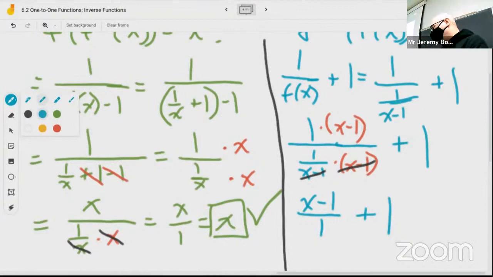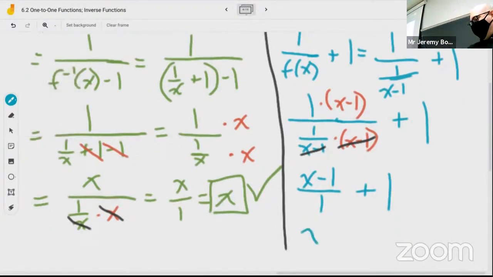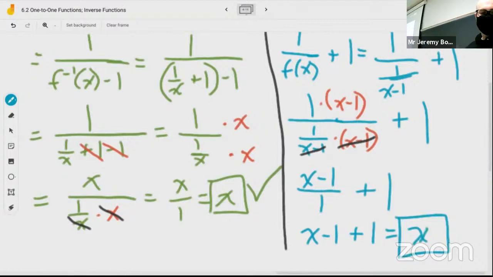And an x minus 1 over 1 is just x minus 1 plus 1. And negative 1 plus a positive 1 is 0, so we end up with just x. So I'm going to rewrite.